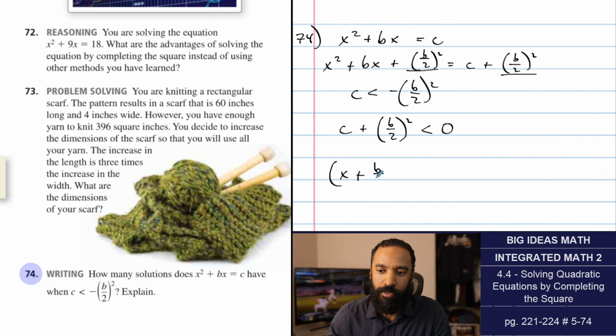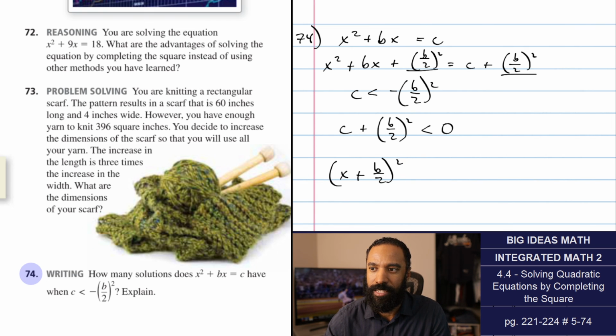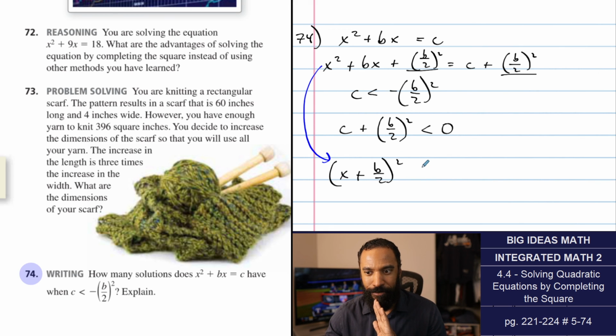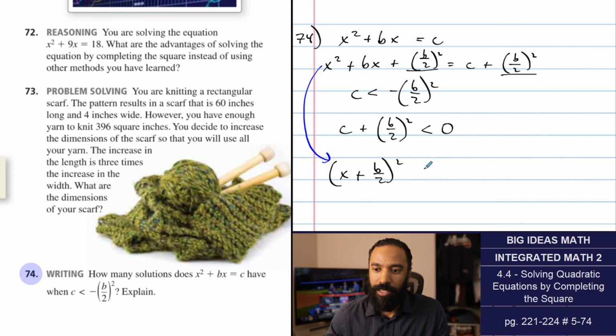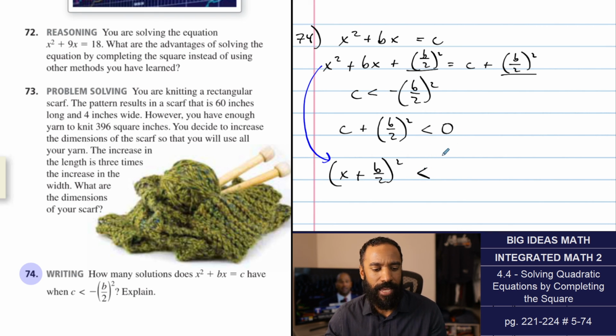If x plus b over 2 quantity squared, I'm going back down to this guy right here, this thing will be now equaling a negative number. This will be equal to something that's less than 0. I'll just say equals a number that's less than 0.